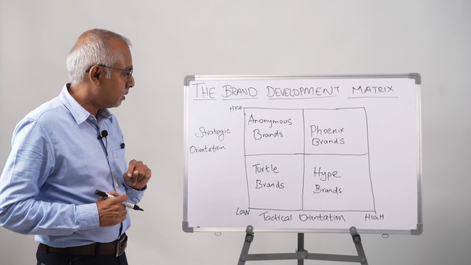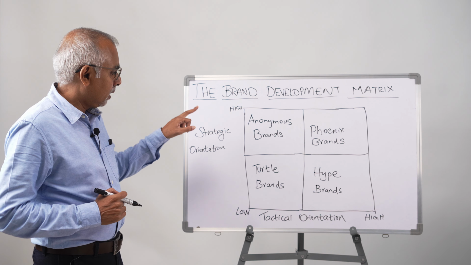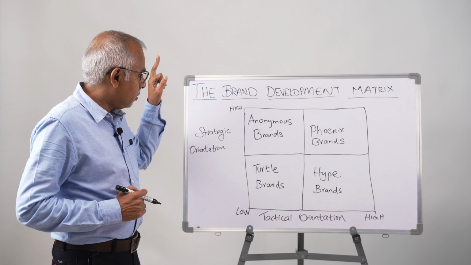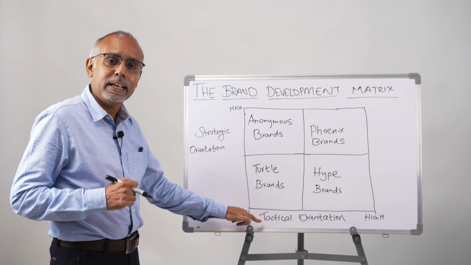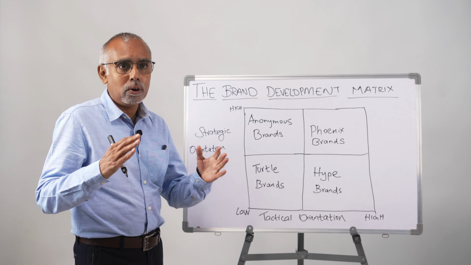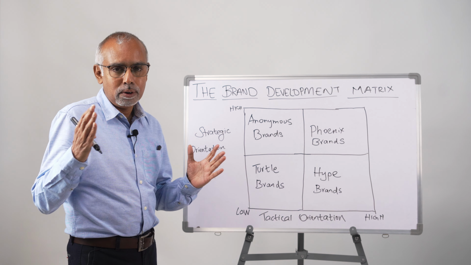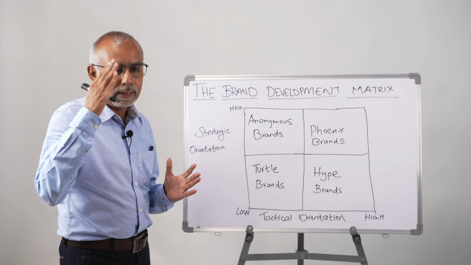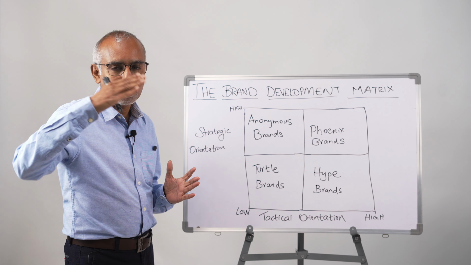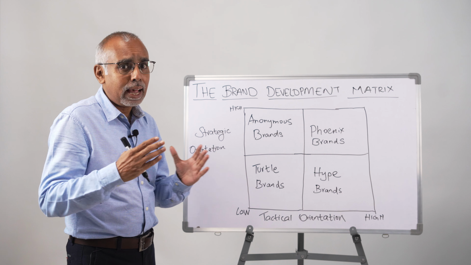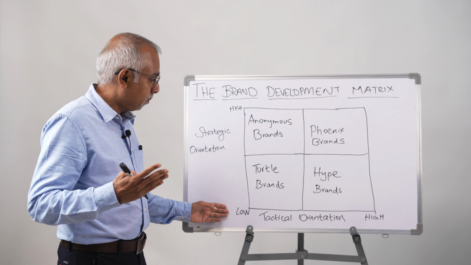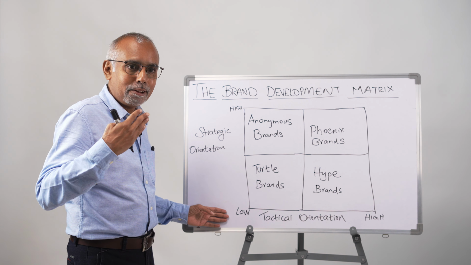The next type of brand is where your strategic orientation is very low, but you're tactically very strong. It means you don't have much clarity about your core competency and linking that with brand positioning, your identity, your pricing, your segmentation, but you're executing fast.